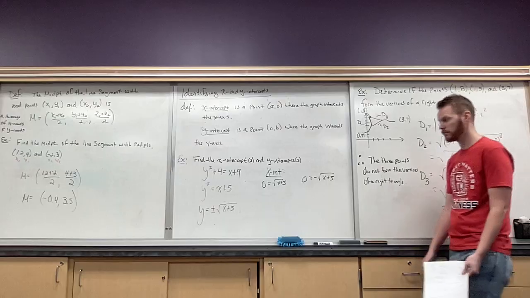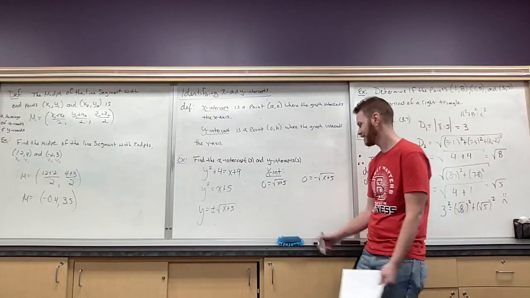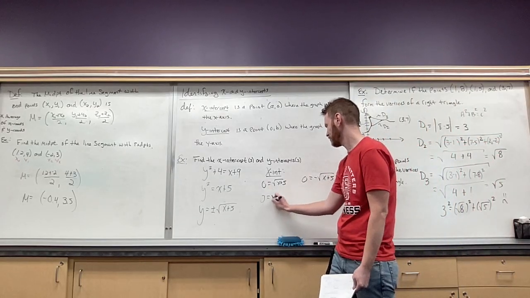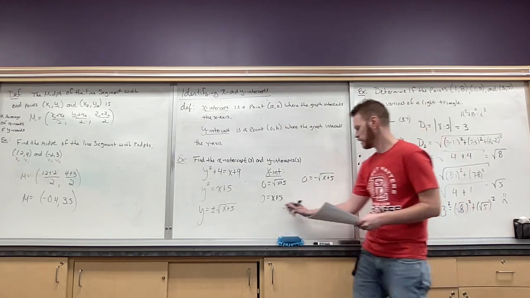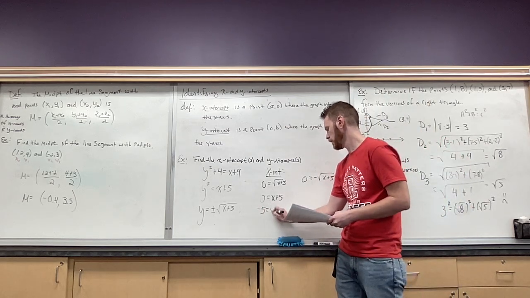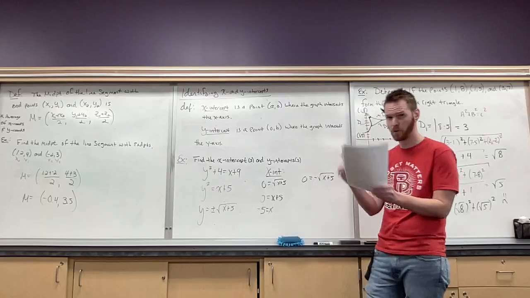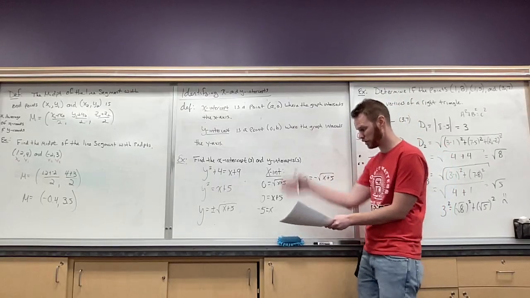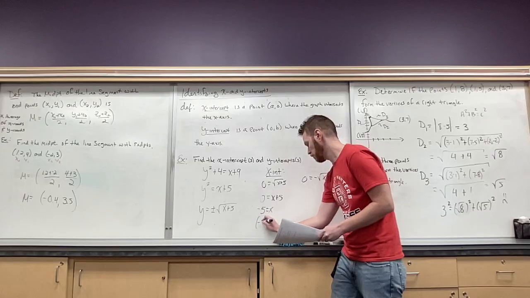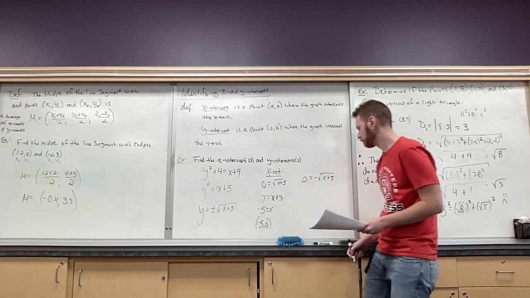To get rid of the square root, square both sides. So we get 0 equals x plus 5. Okay, so then x is equal to negative 5. It is a point. I wouldn't leave it like this because technically if I'm graphing it, that's a vertical line. So let's make it a point, so it'd be (-5, 0).